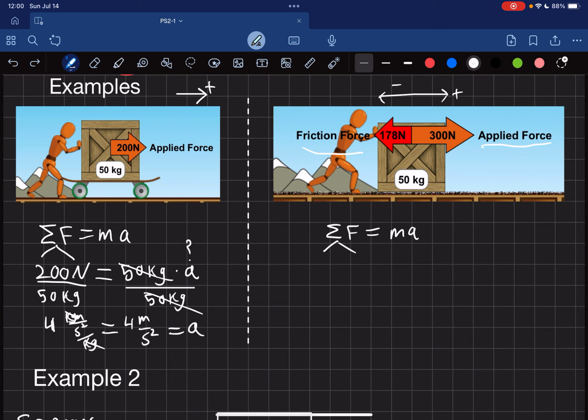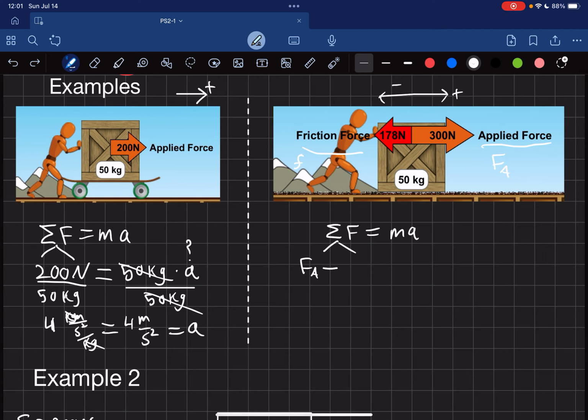We're going to label this FA, so force applied, and then generally, friction gets a lowercase f. That's usually the convention for friction. So let's start with the applied force. We're going to go force A, and it's in the positive direction, so we can just have nothing in front of it to signify positive.